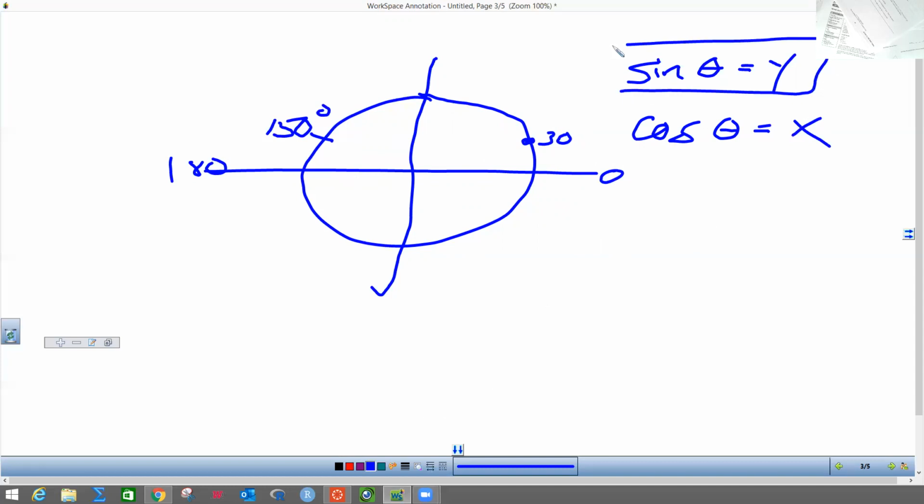Sine does not know, because the y value at 150 is the same as the y value at 30. And if you have second sine of 0.5, it'd be the same on both. It doesn't know if you want the 30-degree angle or the 150. So they give you what's called the principal values.